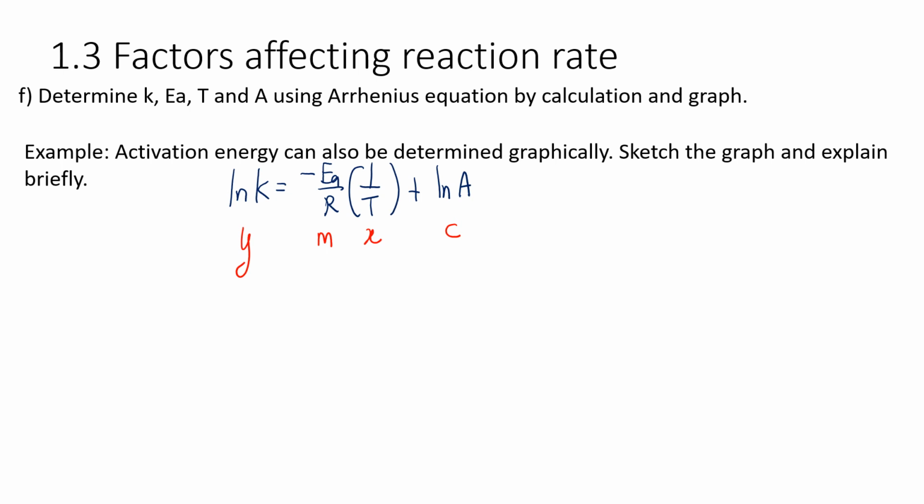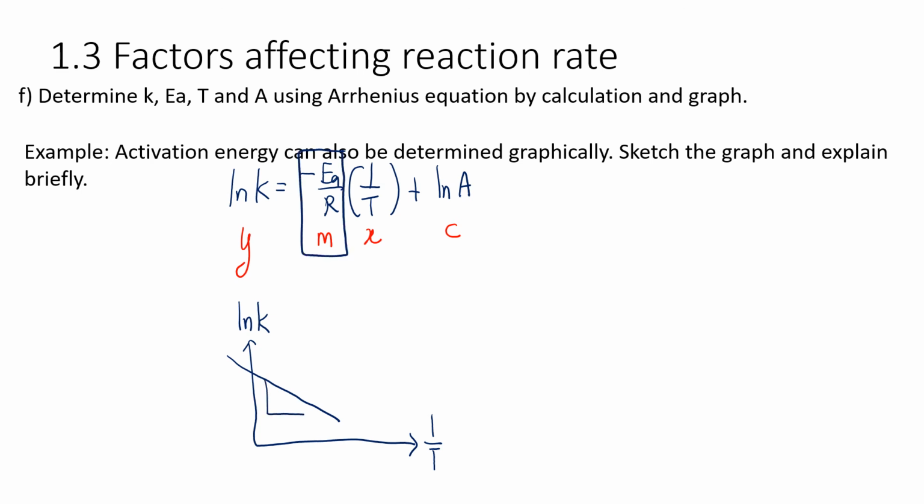Then we can say that in order to determine the activation energy graphically, we need to plot ln K versus 1 over T, and we expect to get a downward sloping linear graph. And how can we determine the activation energy from the graph? We can determine it from the slope of the graph.